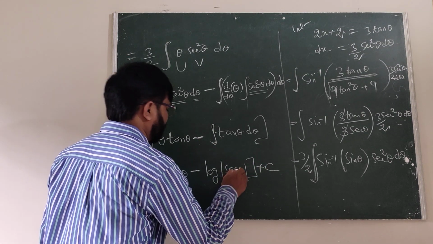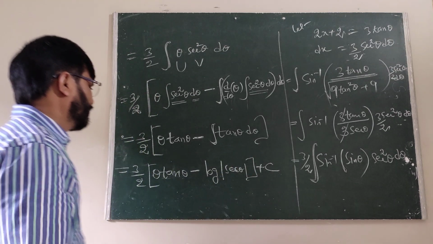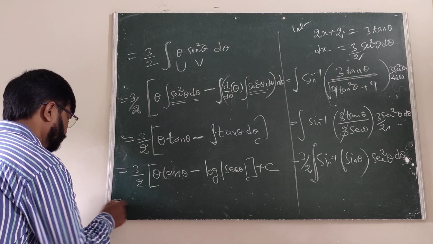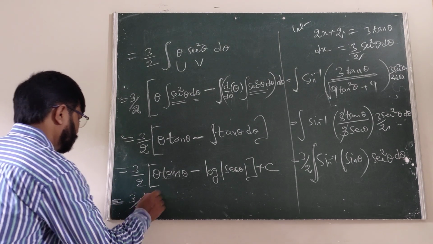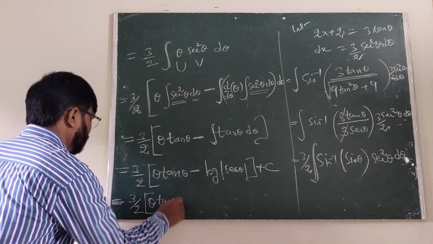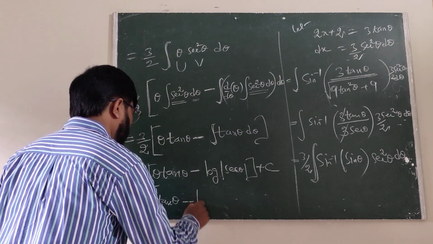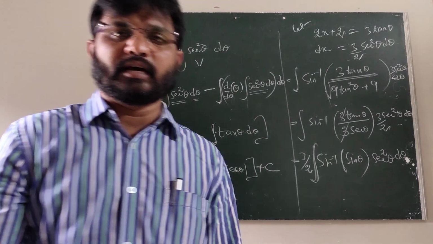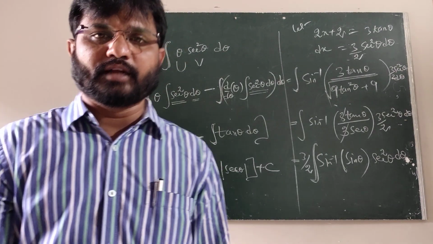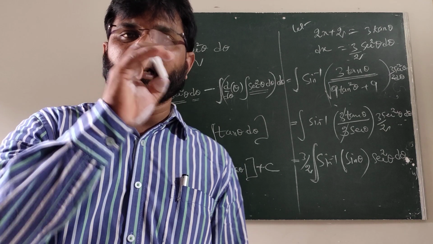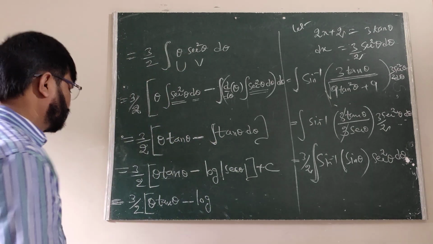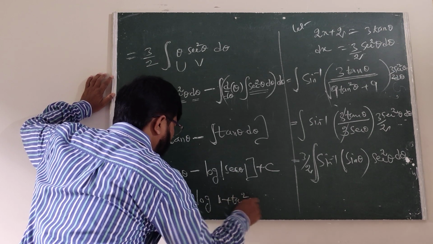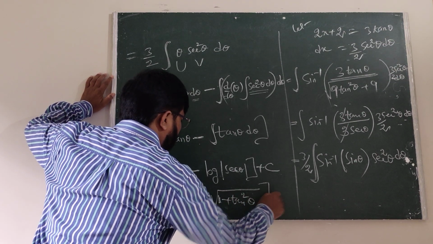Now we can write this as 3 by 2 theta tan theta minus log of secant theta, where secant square theta minus tan square theta equals 1, so secant theta is under root of 1 plus tan square theta, plus c.